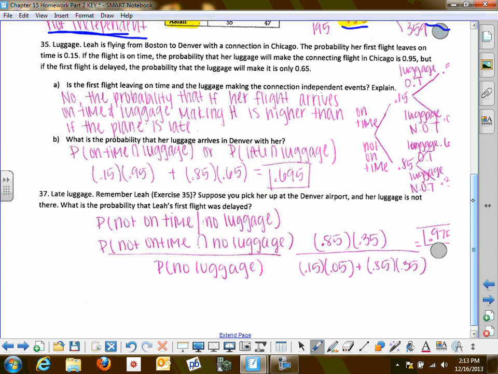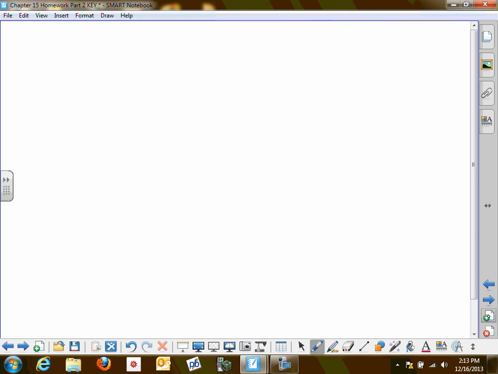So look here. This says if the flight's on time, then the probability, so there's one if-then, but if the flight is delayed, then the probability, so there were two if-then statements. So that right there says to me, I need to do a tree diagram. So, here's what's happening in this problem. You start with Leah.